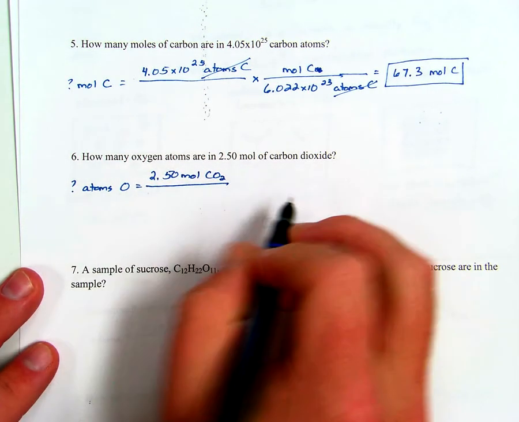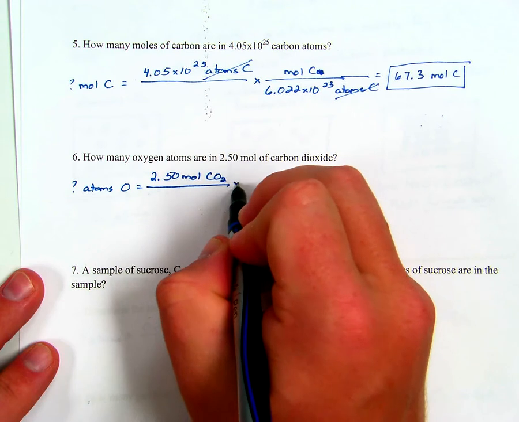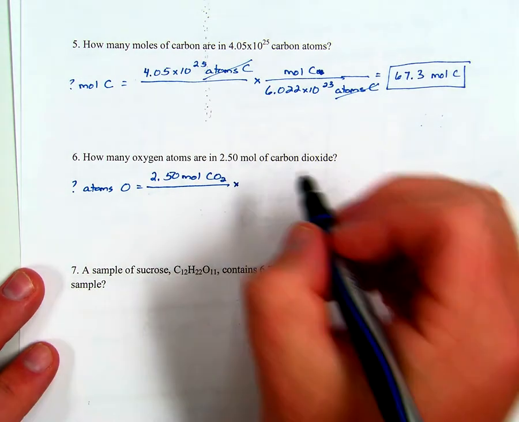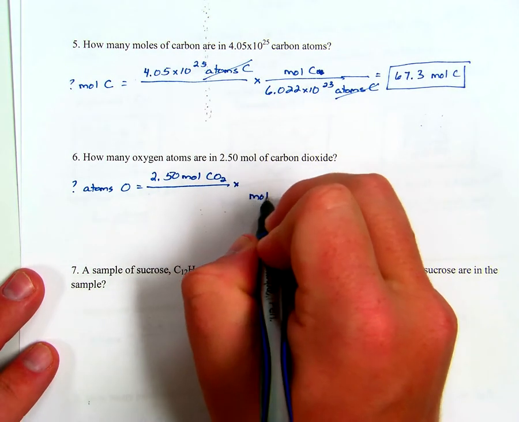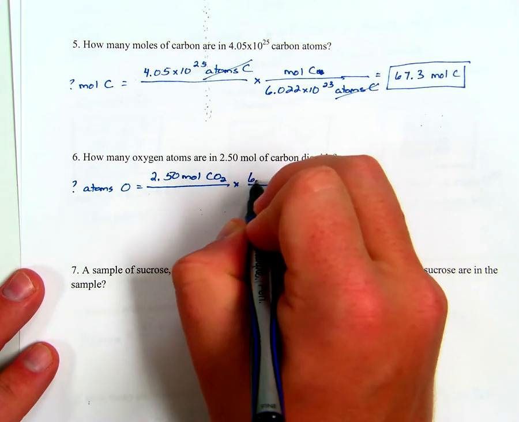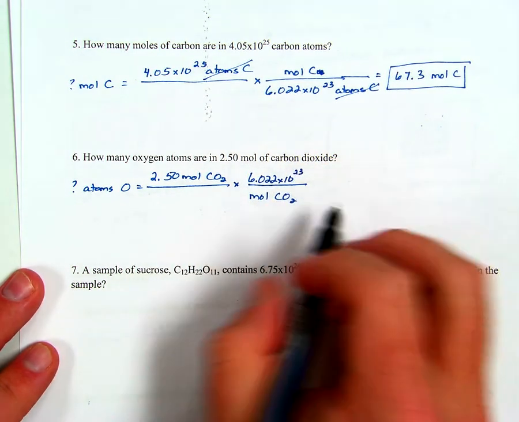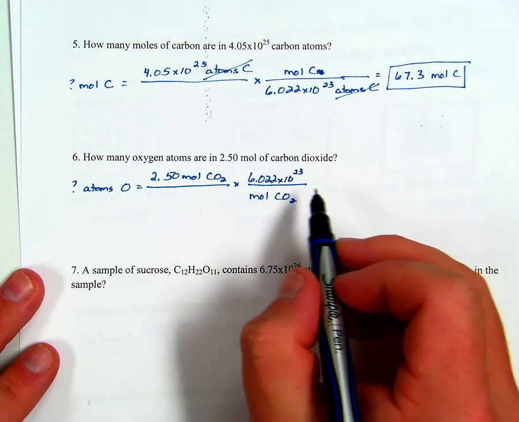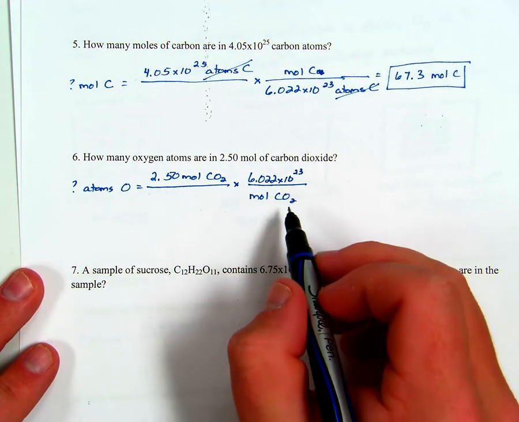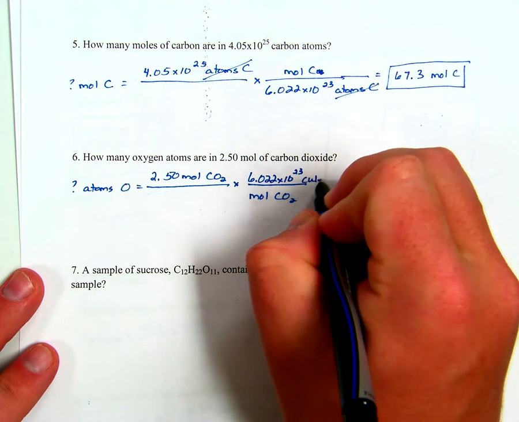Our first conversion factor will be using Avogadro's number. In 1 mole of CO2, there would be Avogadro's number, 6.022 times 10 to the 23rd. The question is, Avogadro's number of what? Well, if I have a mole of carbon dioxide, I have a mole of that entire particle. So that would be molecules of CO2. Okay, not atoms of oxygen.